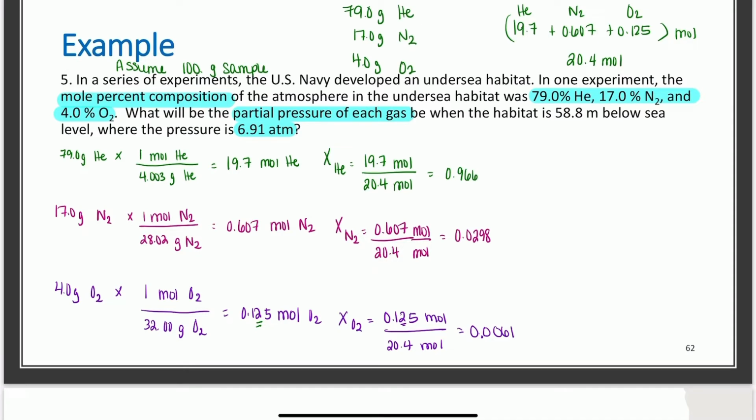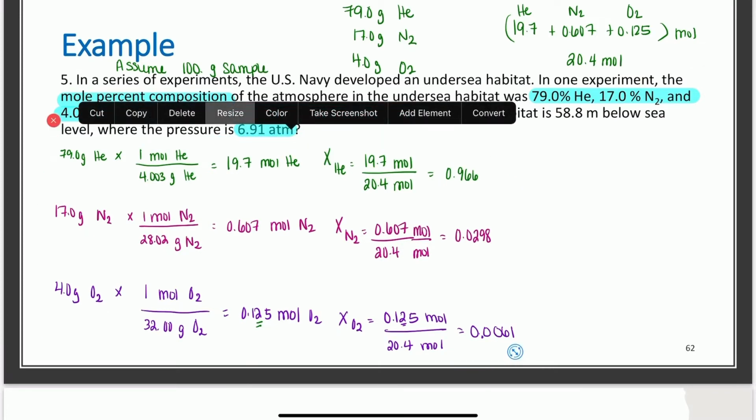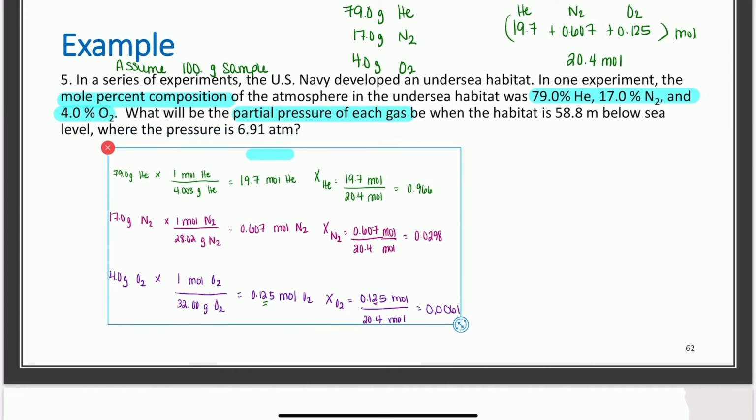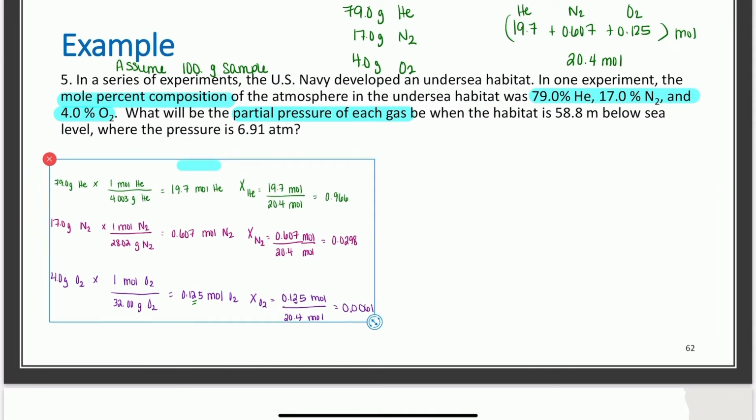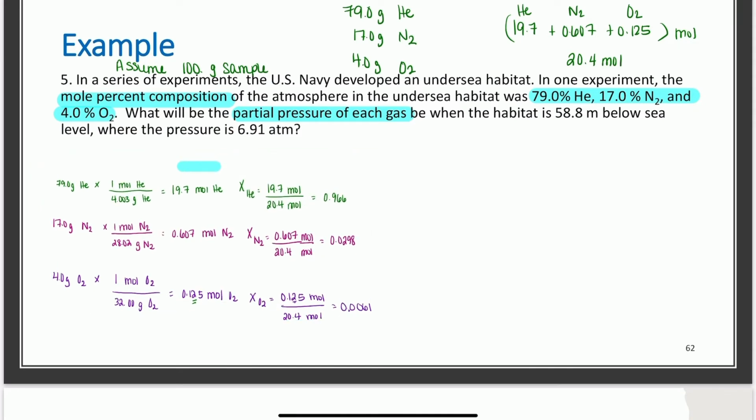There's a 2 after that, so I'm going to round at this point. So 0.0061 is the mole fraction of oxygen. I need to shrink these down a little bit so I can fit the rest of the work.